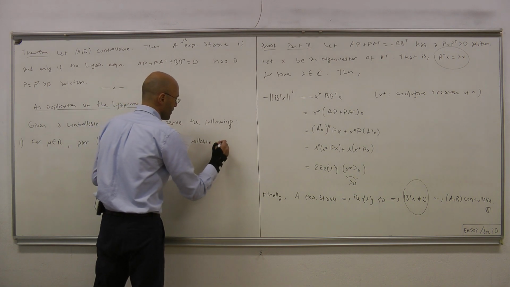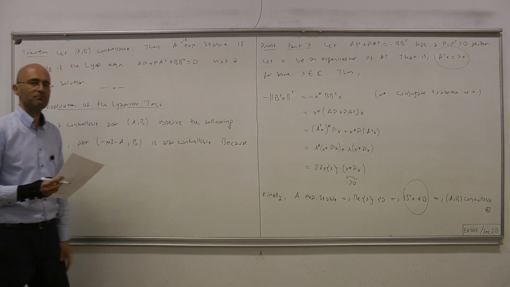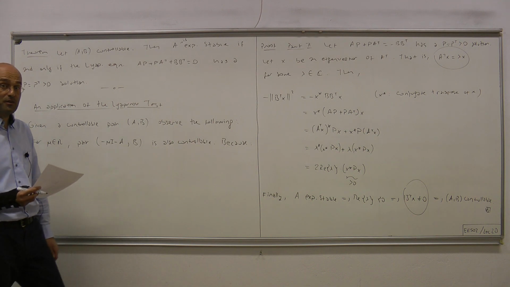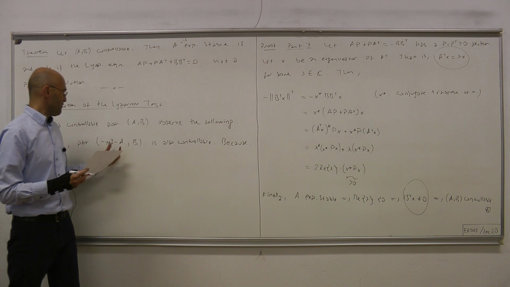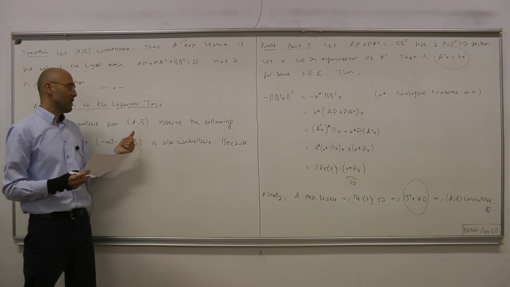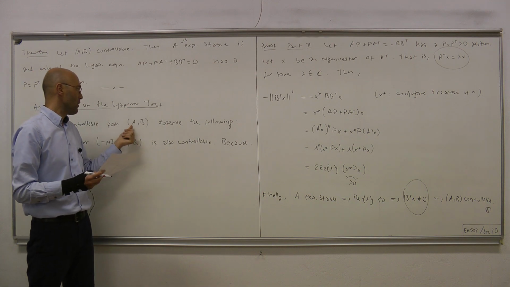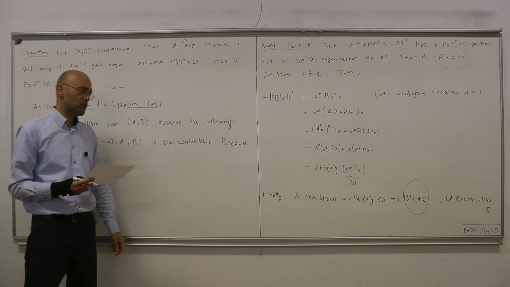Why is that? Well, it directly follows from the eigenvector test. It's very easy to show with the eigenvector test. If the original system is controllable, then by the PBH test no eigenvector of A transpose belongs to the null space of B transpose.